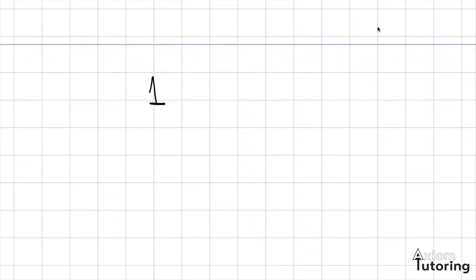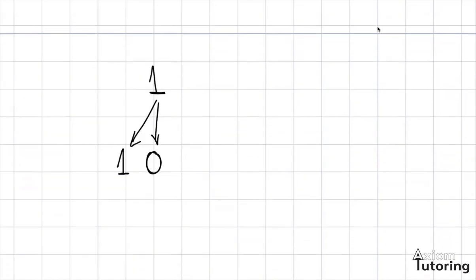So from here, I'm going to write it here. This is my new 1. And instead of 1 here, I'm going to put a 0. Now we have 10. The 1 is in the tens place, and this 0 tells us there are no ones.